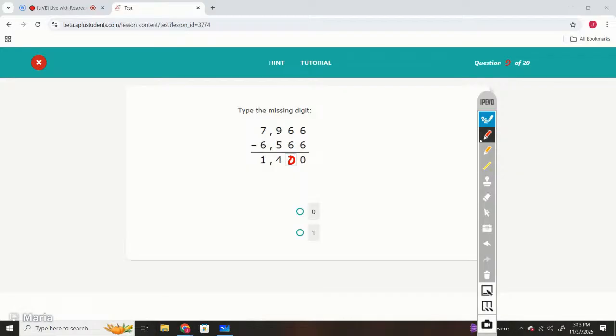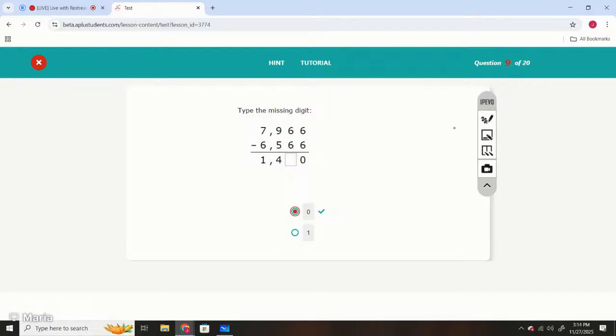And 7 take away 6 is 1. The missing number is 0. Option number 1 is the correct option.